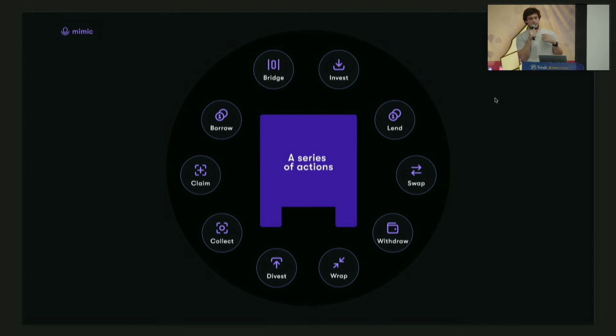These operations are things like wrapping assets, depositing or investing, swapping, bridging, well, all the things that you see here. All these things are Lego pieces that are modeled into a smart vault, and you simply need to specify how you would like to put those pieces together to perform whatever operation you would like to do.